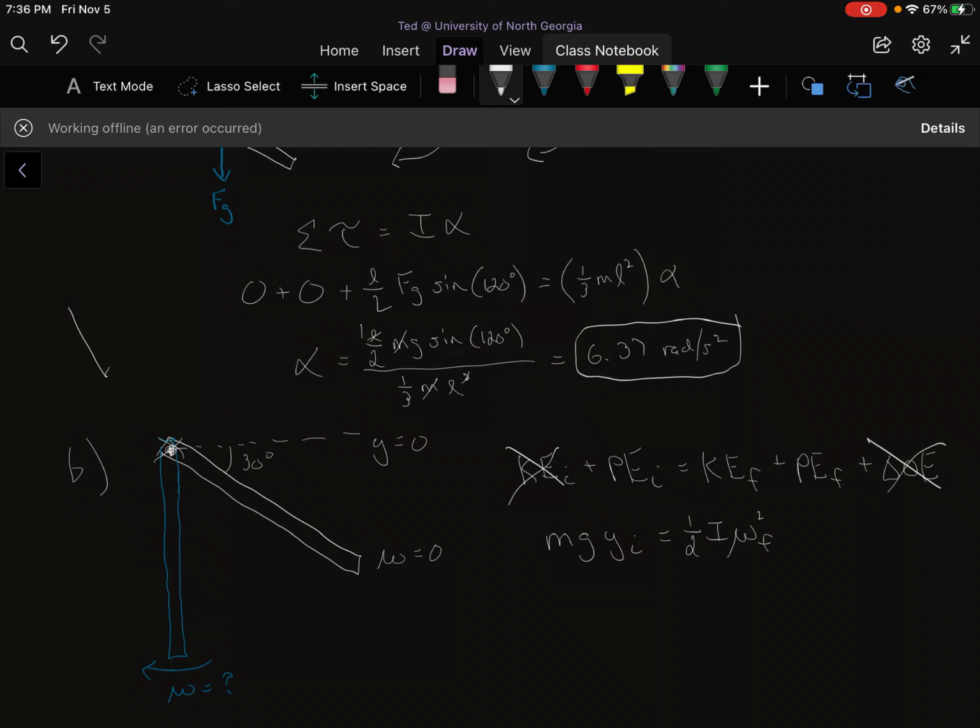If we had something that was both rotating and moving through space, then we would have to use 1/2 I omega squared plus 1/2 mv squared, and we would use our axis of rotation as the center of the object. However, if we have an object that's rotating so that the axis of rotation is staying stationary, then the kinetic energy is just 1/2 I omega squared.